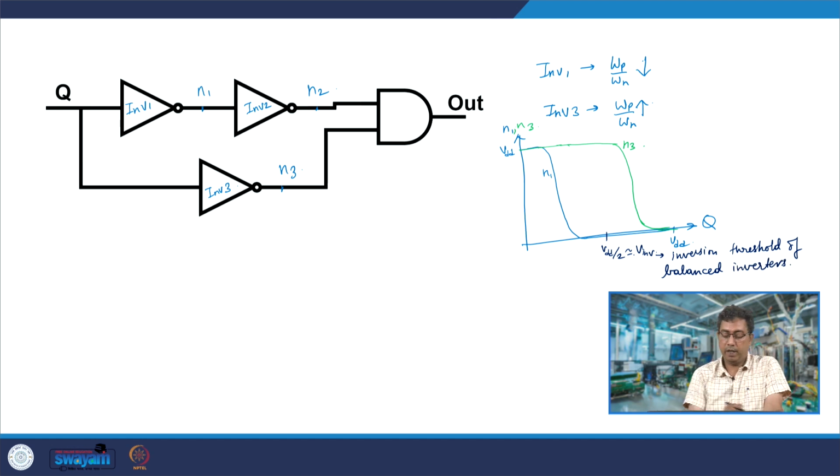So, whenever Q is a logic 0, this value would be like VIL of the balanced inverter. This is like VOH of the balanced inverter.